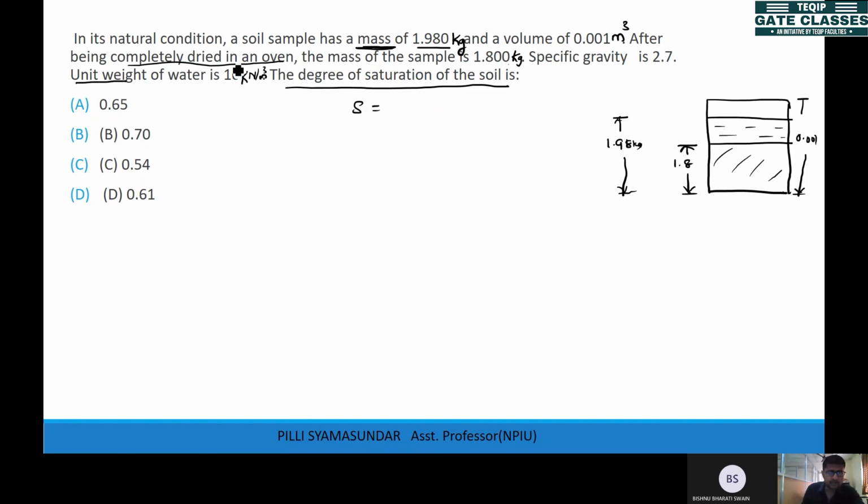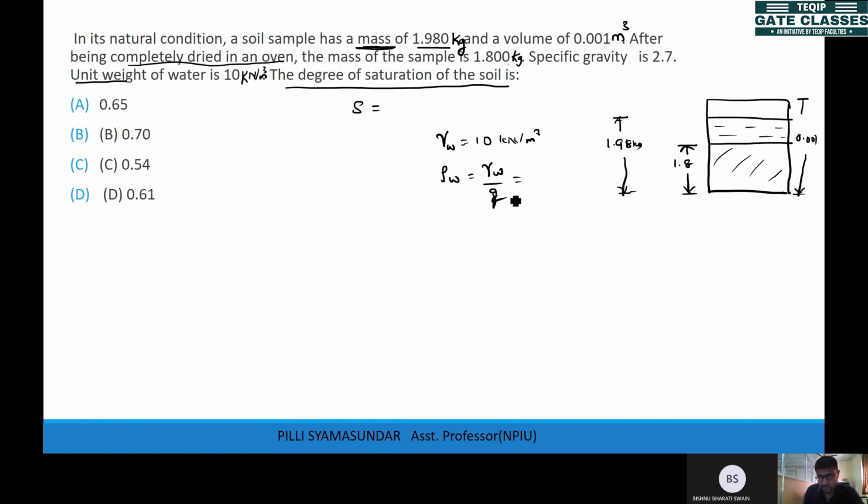The unit weight of water is given, which is 10 kilonewton per meter cube. So gamma of water is 10 kilonewton per meter cube, but we are interested in the density because it's in masses. So the density will be gamma w by acceleration due to gravity.